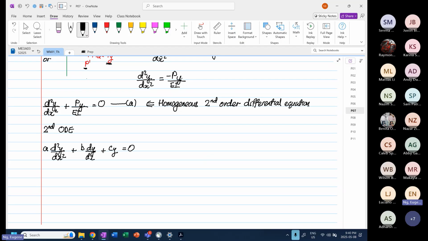This will be equal to 0, where a, b, and c are constants.